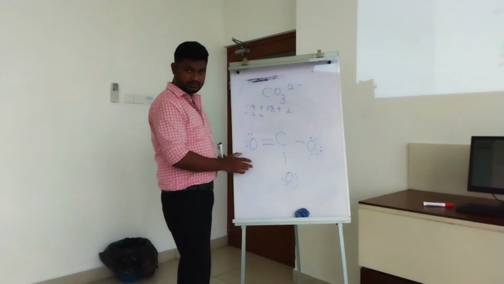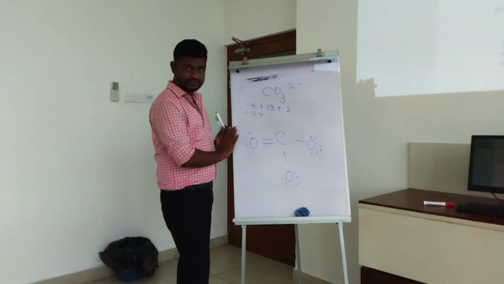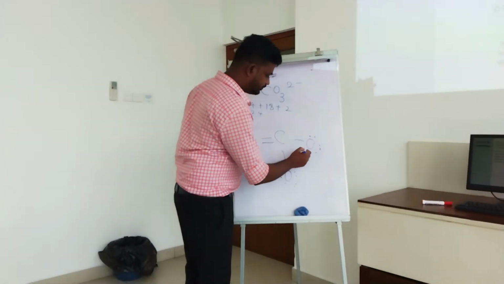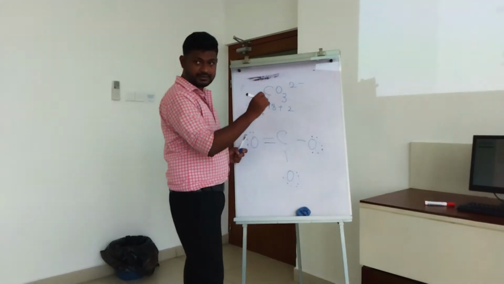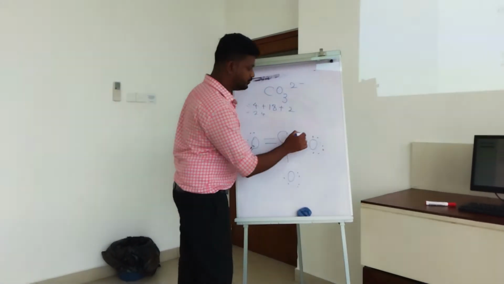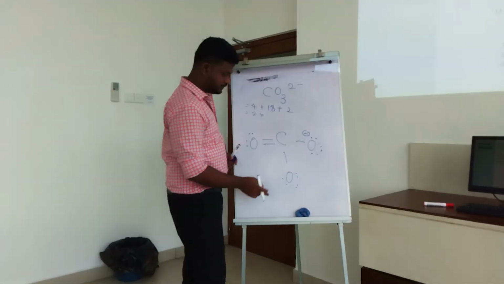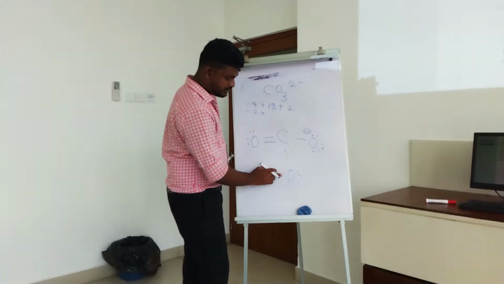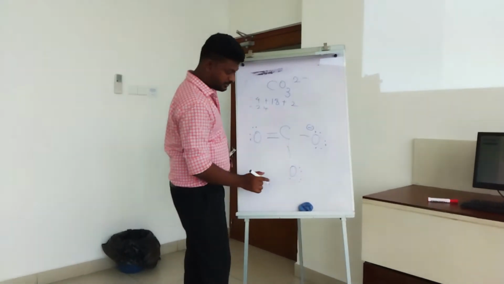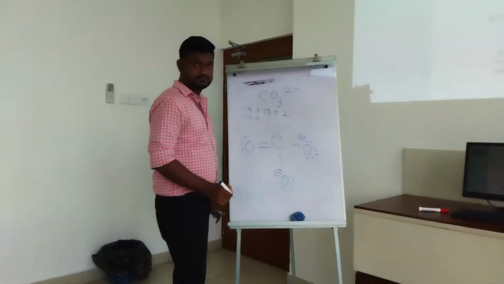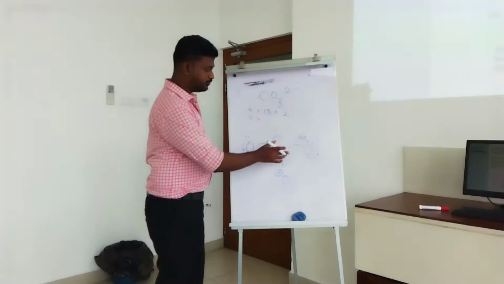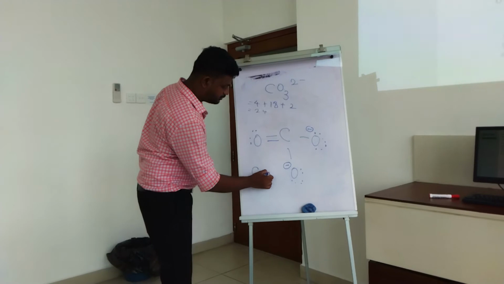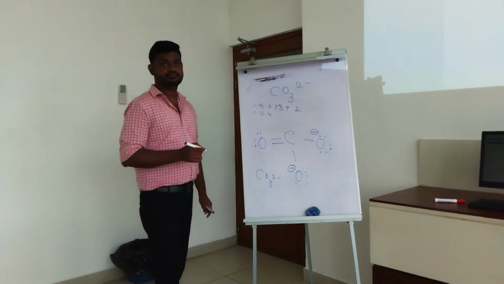So no issues. 6 plus 1 means 1 additional, right? So you have a negative charge here. 2 plus 2 plus 2, 6, 7, 1 additional charge, so 2 charges are there. So this is CO3 2 minus. Got it?